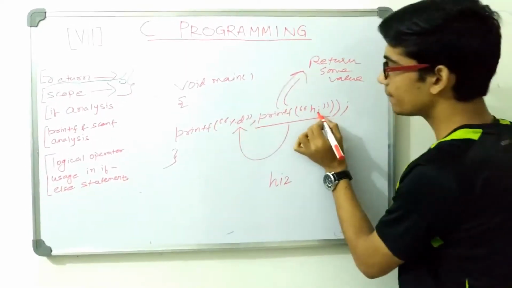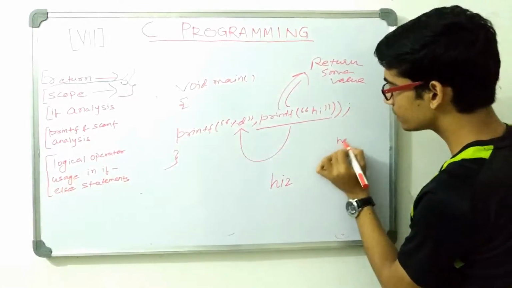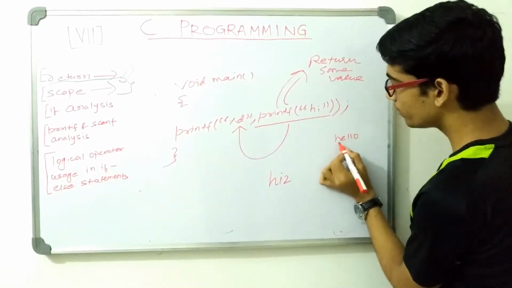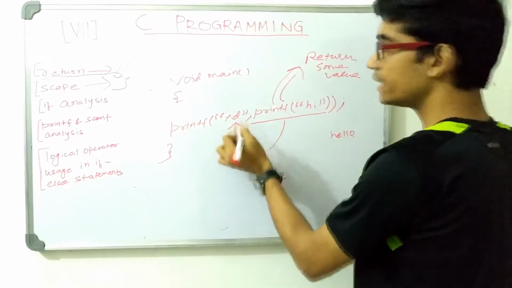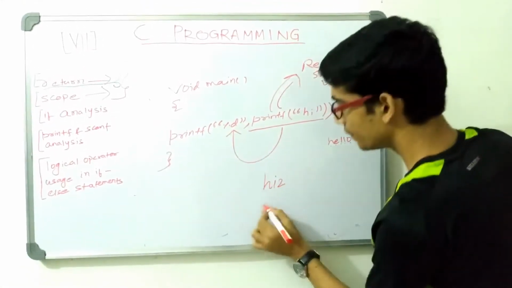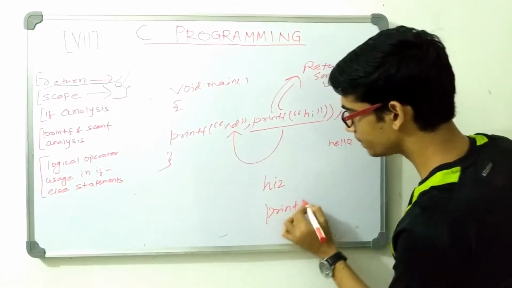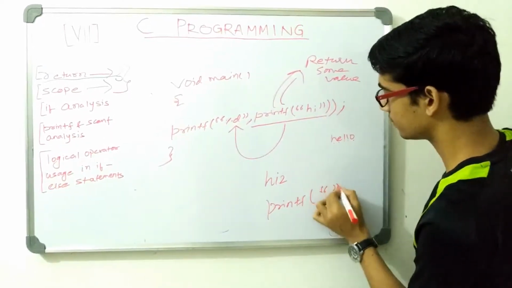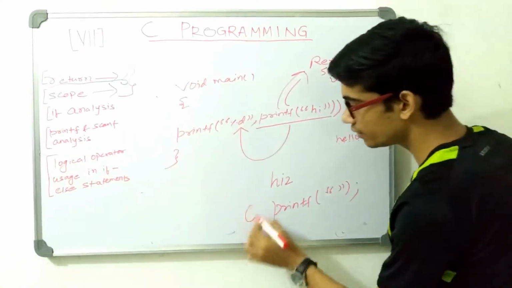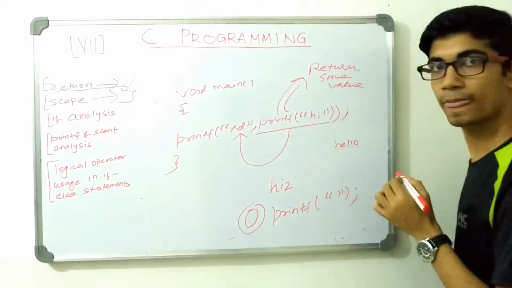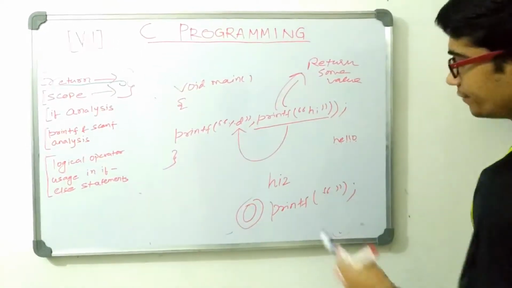So for example, had it been hello in place of hi, the output would be 1, 2, 3, 4, 5, so 5. So this way printf is returning you some value. If a statement of printf has nothing inside, it will return you 0.